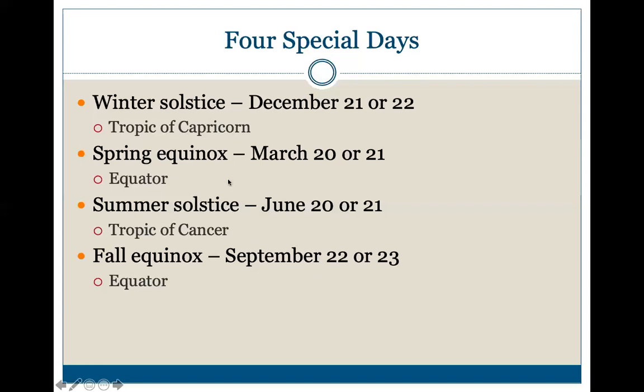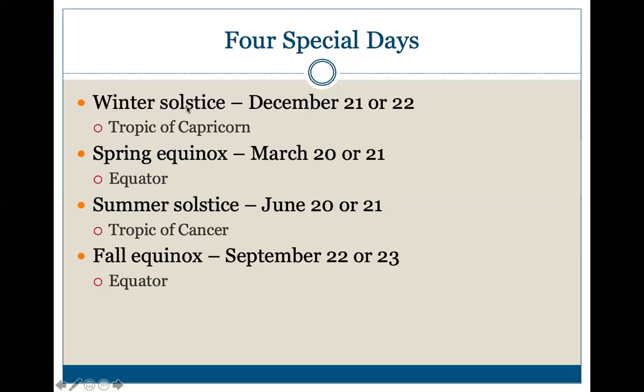The solstices are completely different. So for the winter solstice, I'll just speak about the northern hemisphere first. We call it the winter solstice because we're in the northern hemisphere, so December is our winter. If you were in the southern hemisphere, you would be in your summer.